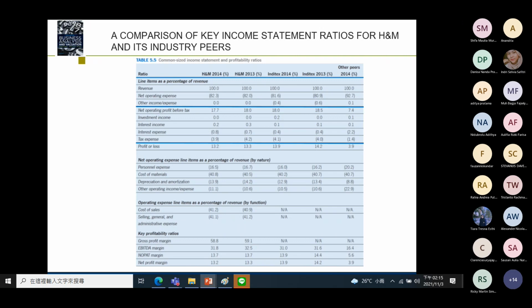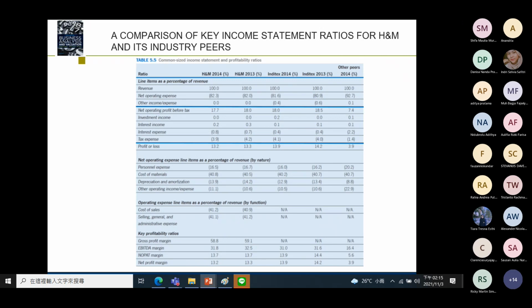This is because the functional decomposition requires the firm to use judgment in dividing total operating expenses into expenses directly associated with the products sold or service delivered, and the expenses incurred to manage operations.